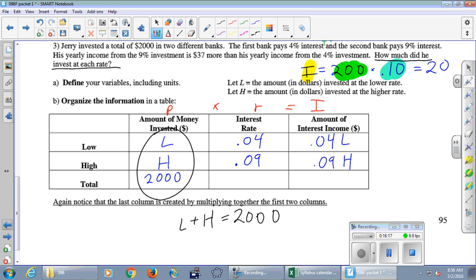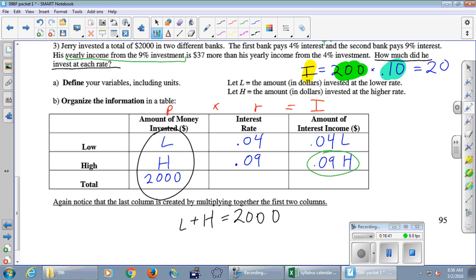And now we're going to translate the more complicated sentence into our other equation. So here we go. The yearly income from the 9% investment, I'm pausing there. That is one quantity and it is in the table. What's the income from the 9% investment? It's the 0.09H, that's exactly it. That's the interest or the income from that investment.